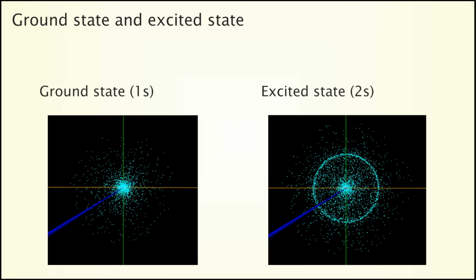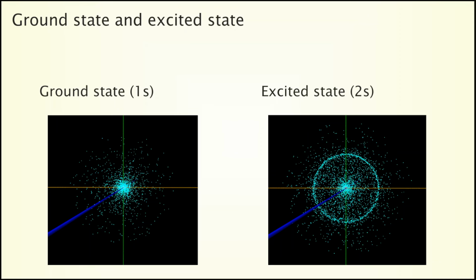Here you see the distribution of probability to encounter an electron close to the atomic nucleus for the ground state and for the first excited state. And you see, on the one hand, it's true that the distance of this cloud of probabilities is larger in the case of the excited state than in the case of the ground state.